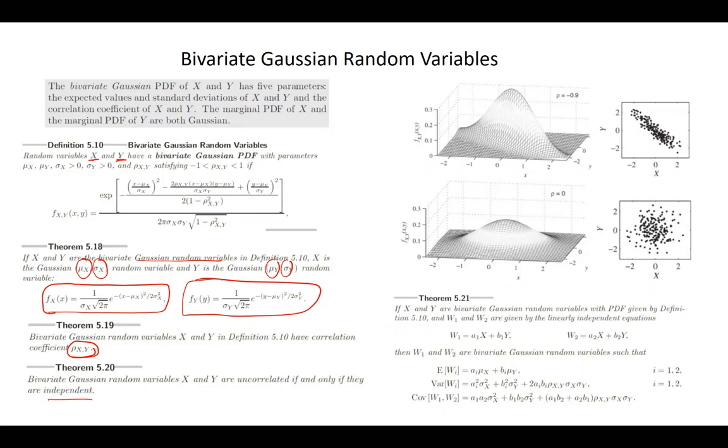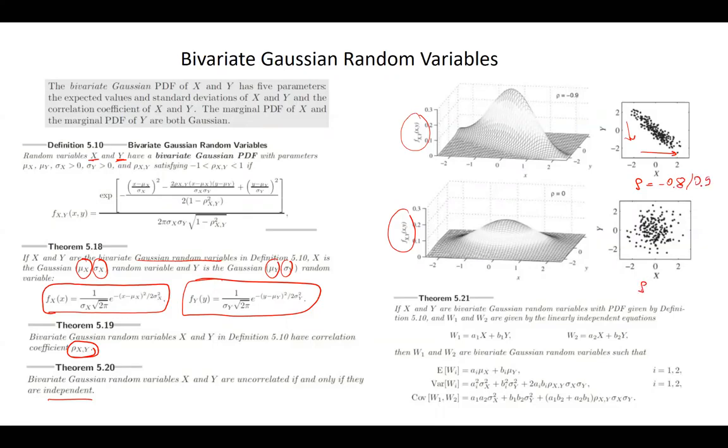And here we see what the joint PDF looks like for two random variables. In one, you see this increases, this decreases, so there is a correlation coefficient, probably minus 0.8 or minus 0.9.